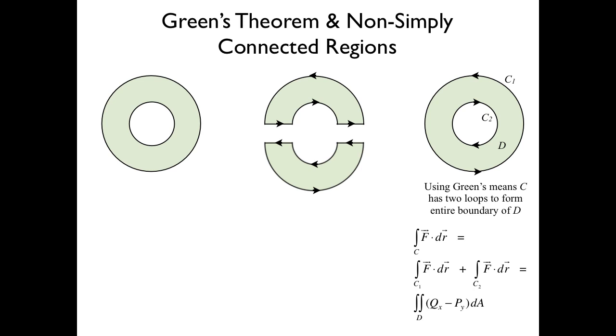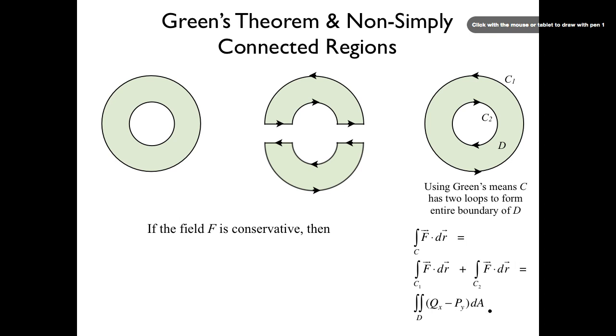Okay, so what does that mean in a conservative vector field? If you're in a conservative vector field, what do we know about this? Both sides of Green's theorem are 0, right? In a conservative vector field, we know that every loop is 0. So this is 0 because it's a closed loop.